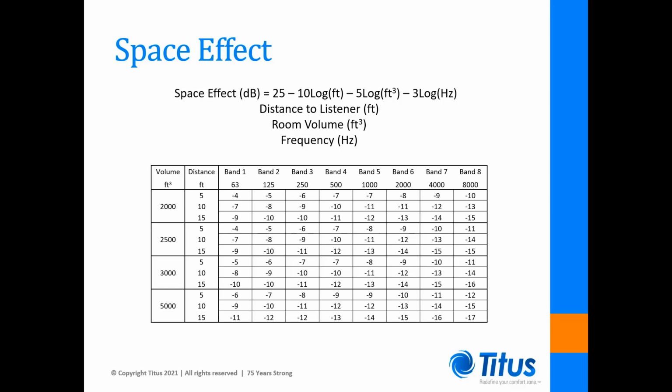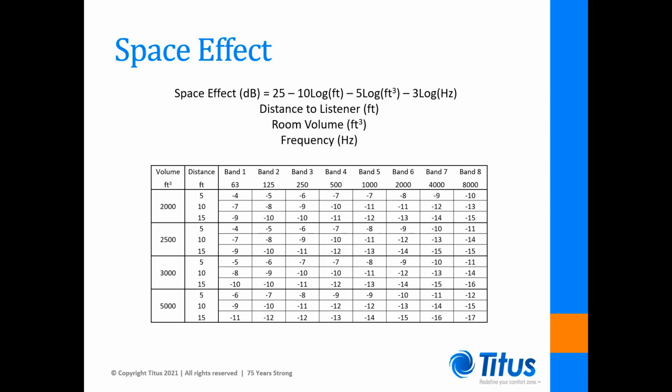For each octave band, the space effect is equal to 25 minus 10 times the log of the distance from the listener to the unit, minus 5 times the log of the room volume, minus 3 times the log of the octave band center frequency. Of course, most selection programs will do this calculation for you, but it's just nice to know how it works.